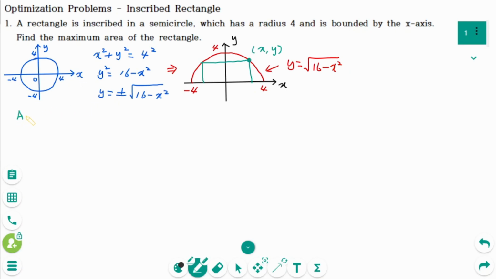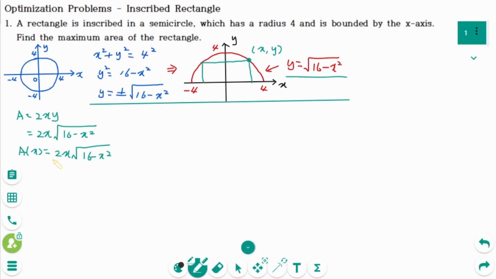The area of the rectangle is 2x times y, which is 2x times square root of 16 minus x squared. So we maximize A of x equals 2x times square root of 16 minus x squared.